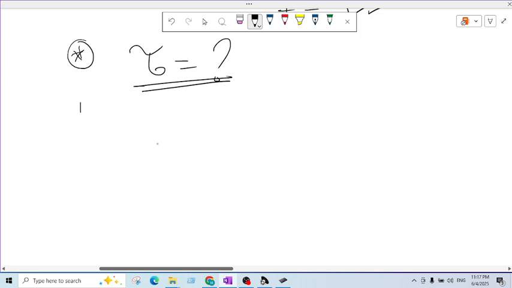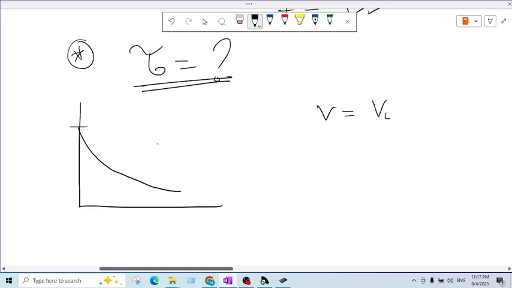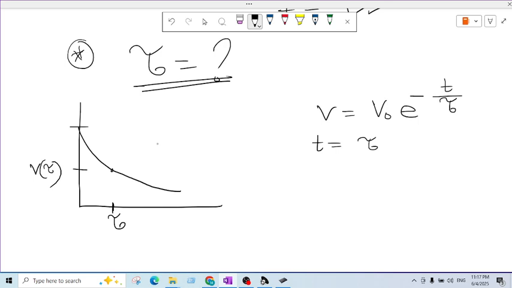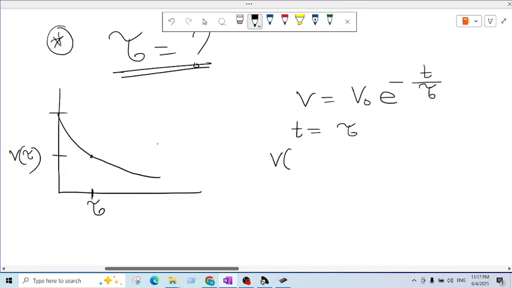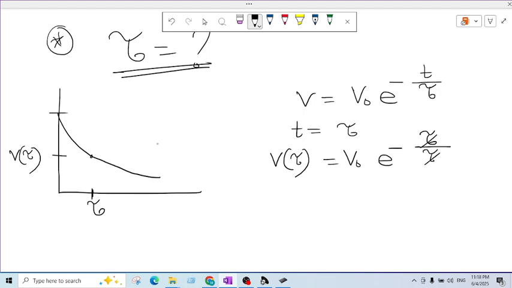So let's draw this graph again, and write this equation again, and now let's see when t is equal to tau. Let's say here tau, and let's see what the voltage is when time is tau. So v of tau is v naught e to the power minus t by tau with t equal to tau, then tau cancels out, so v naught divided by e.